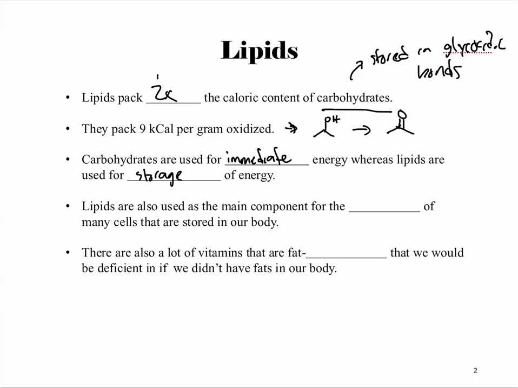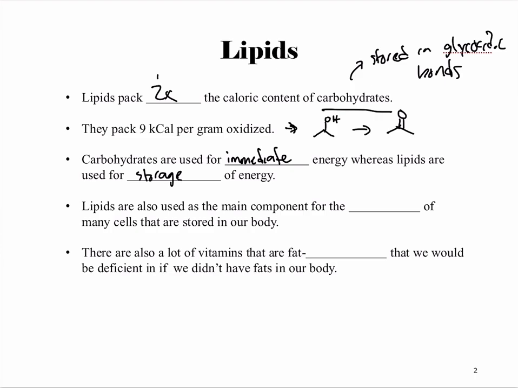We're saving that energy for later in the form of lipids and fats and oils. Carbohydrates are usually used for immediate energy, which is why if you're a runner or an athlete, usually the night before a big anaerobic exercise, you do a big carbo load, right? You eat a lot of bread or something like that. Sugars tend to be even more immediate energy, whereas the amylose and amylopectin that you have in bread takes a little bit longer to break down.